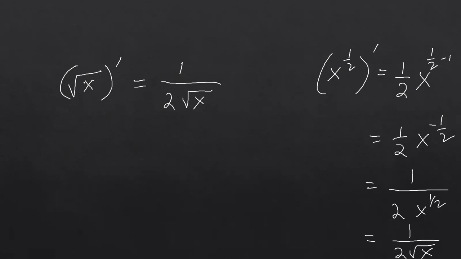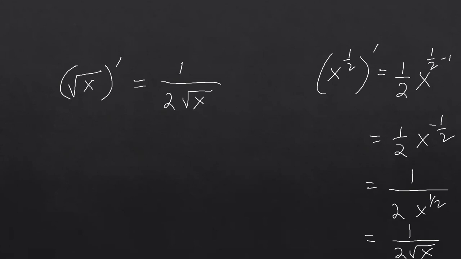And if there is a need to apply the chain rule, you get the derivative of that function inside and multiply it here. So basically, if you have the square root of a function and you are going to find its derivative, it is just 1/2 times the square root function times the derivative.